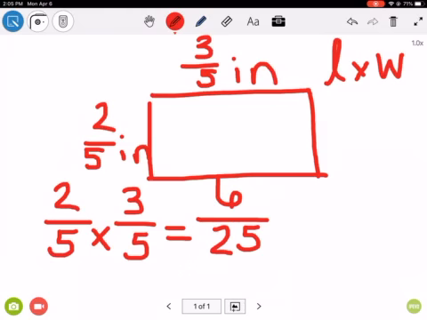And my unit of measurement is inches, so we're finding the area, so it's going to be square inches. Okay, and don't forget, we always want to make sure that we reduce our fractions if we can. In this case, 6/25 is already reduced, or in simplest form, so we can't reduce it anymore. So then we are done.